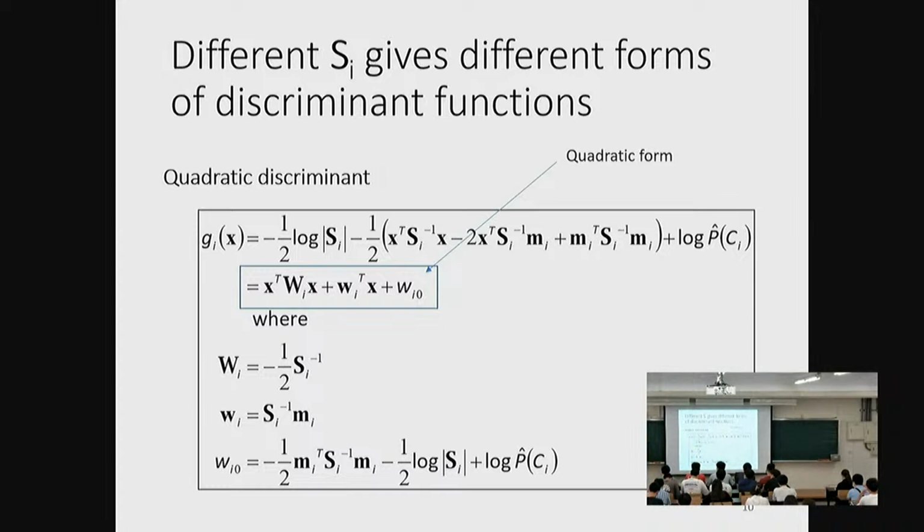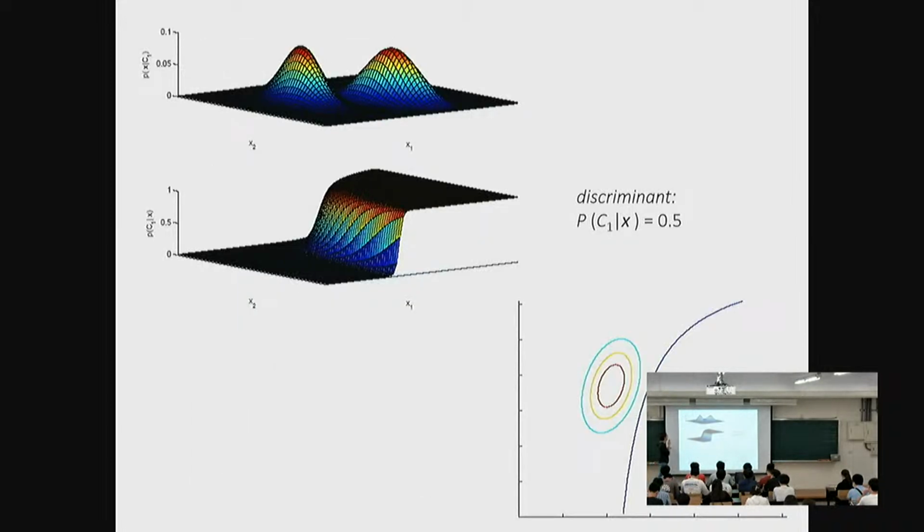Now this is the full form. You have probability of x given c1 like this, and probability of c1 given x.